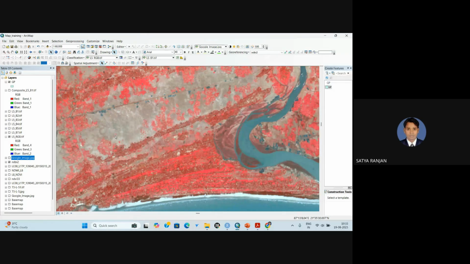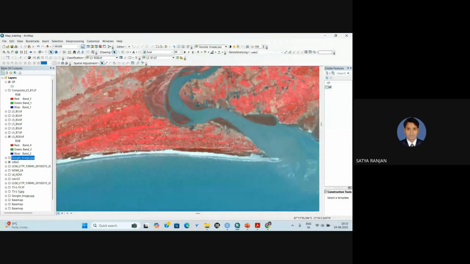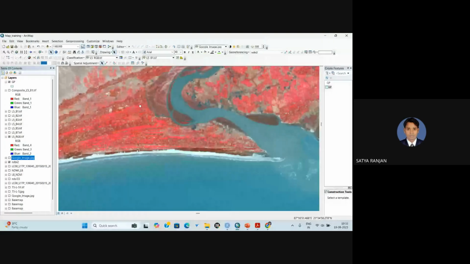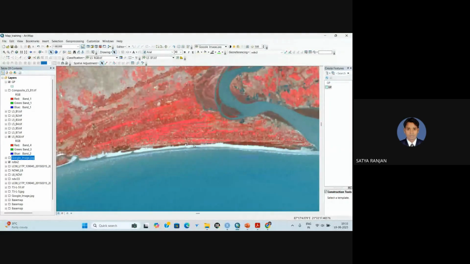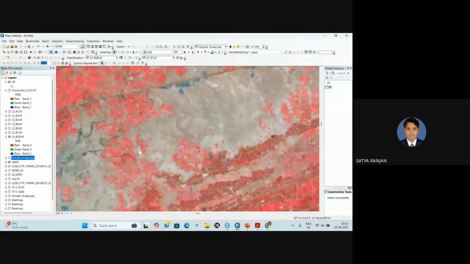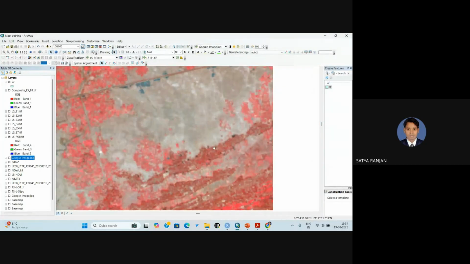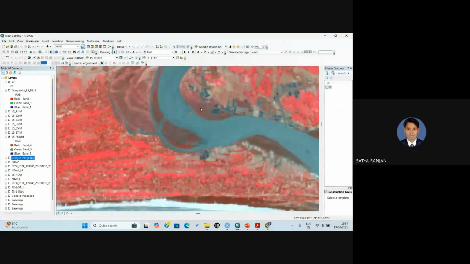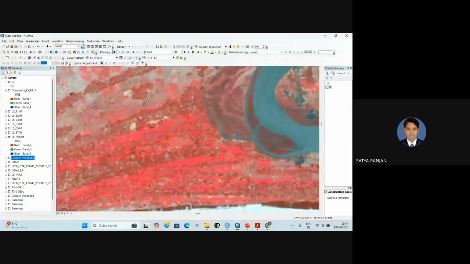So it is not every time that it creates the error, but it is related to the features, for example if sand is very bright. Suppose this is the cropland area. In this cropland area, some crop forest is there, and some swampy areas are there. And this is the mudflat area in the intertidal zone, and some swampy areas are there.